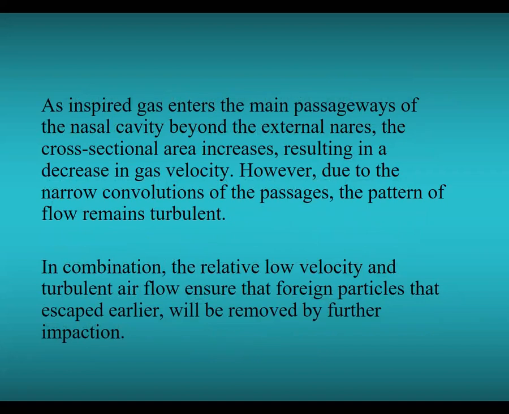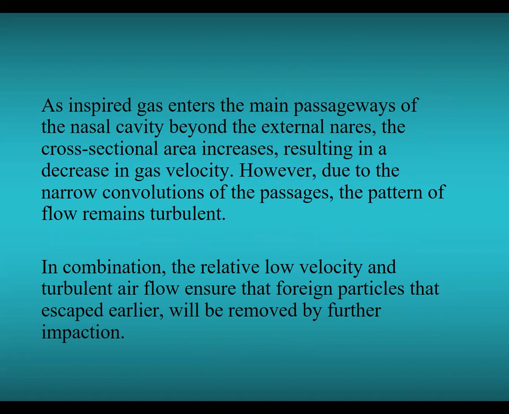As the inspired gas enters the main passageways of the nasal cavity beyond the external nares, and I have a picture coming up shortly, the cross-sectional areas increase, resulting in a decrease in gas velocity. However, due to the narrow convolutions of the passages, the pattern of flow remains turbulent. Turbulent meaning fast and a heavy flow.